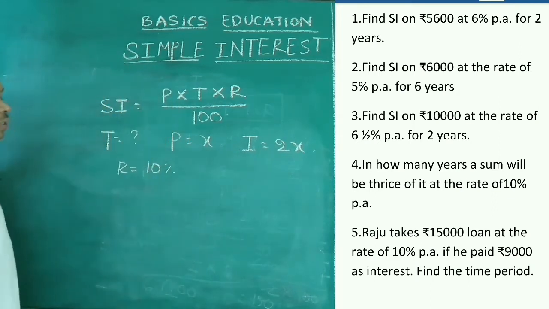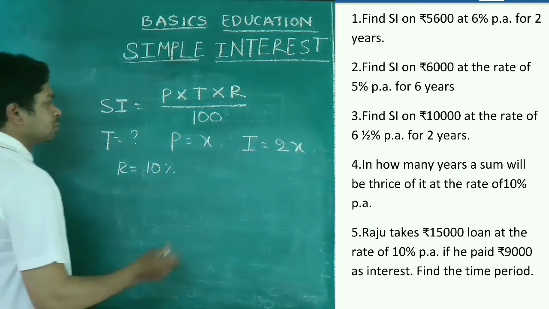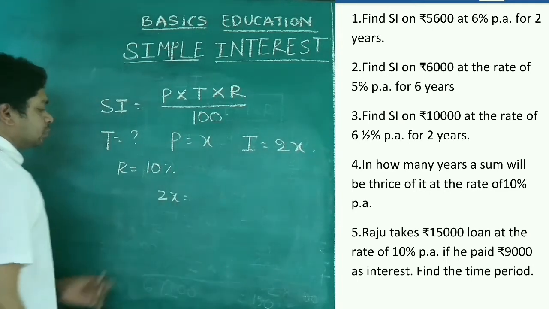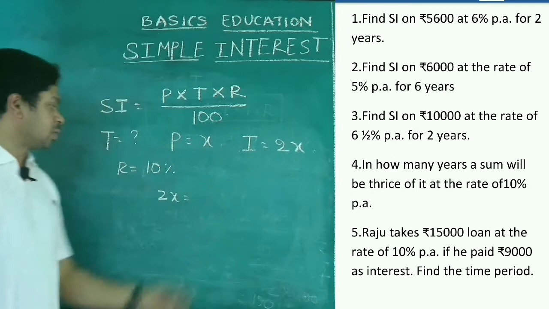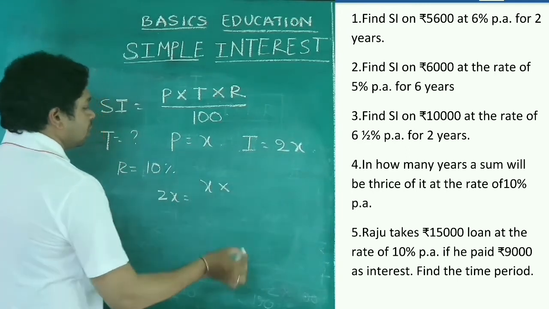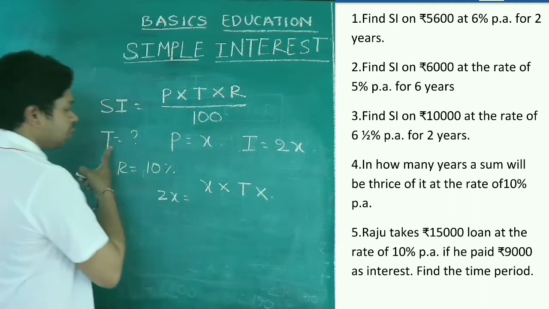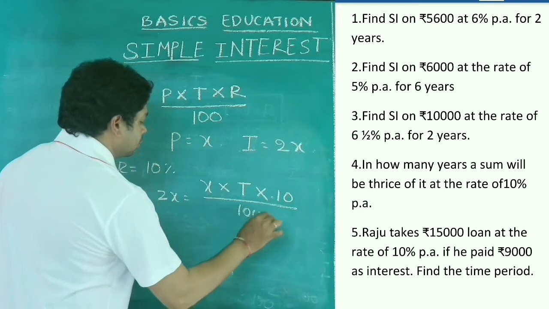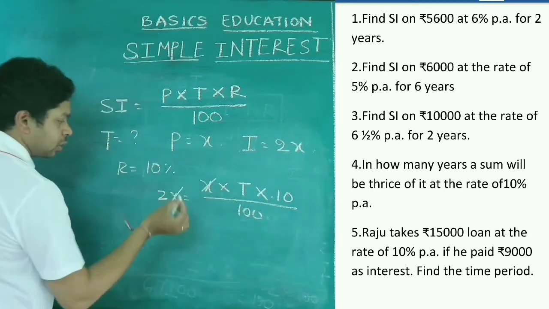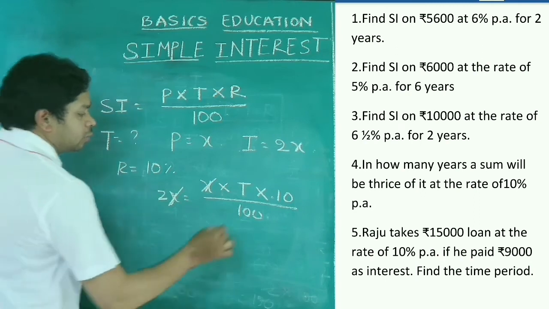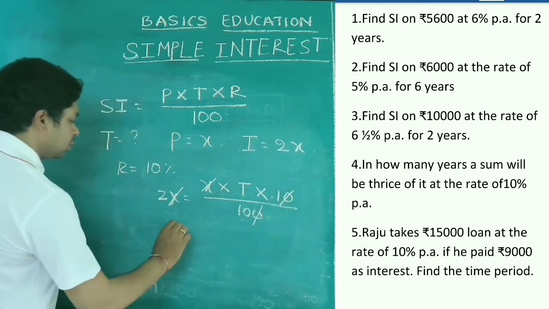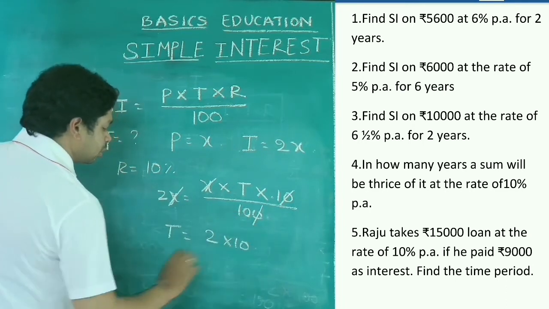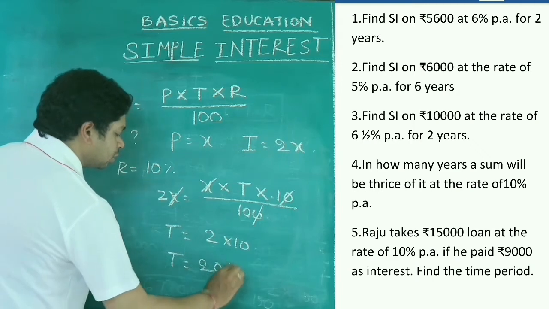And now we have to calculate, 2x, that is simple interest, is equal to x into time we have to know, and rate 10% by 100. So by cancelling x on both sides, and 0 0 cancel, time is equal to 2 into 10, that equals t equal to 20 years. The time equals 20 years.